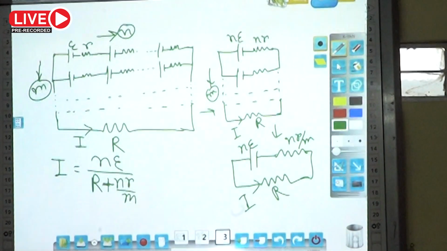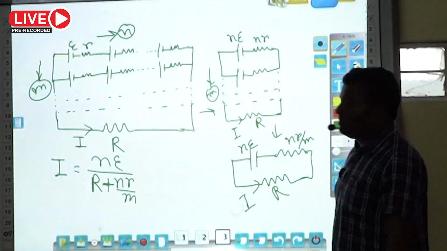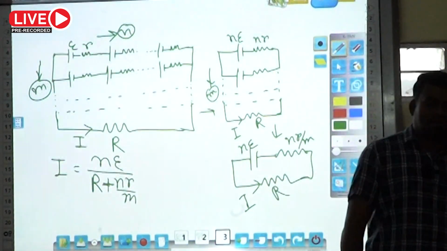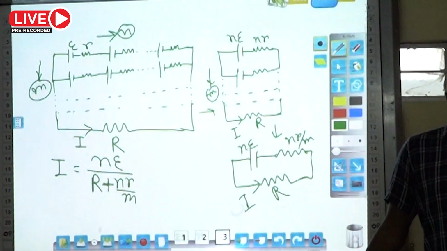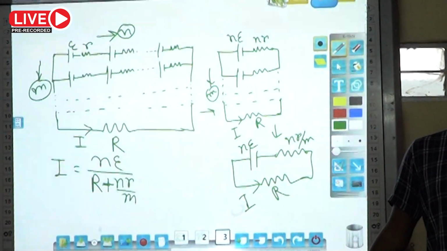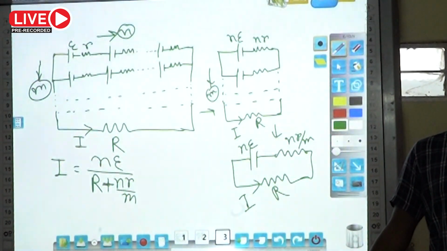And one condition you have to remember: in which setup, or in which condition, maximum current can be drawn from the cell. The derivation is there in the book, but I will tell you one process to remember. When the external resistance and the equivalent internal resistance are equal, then only maximum current is drawn.